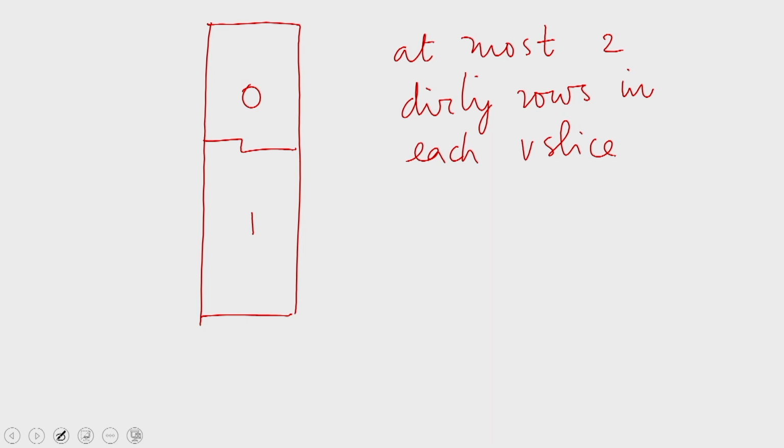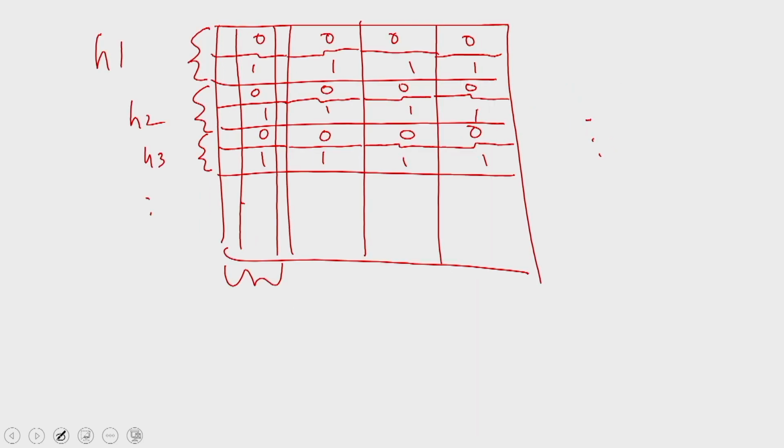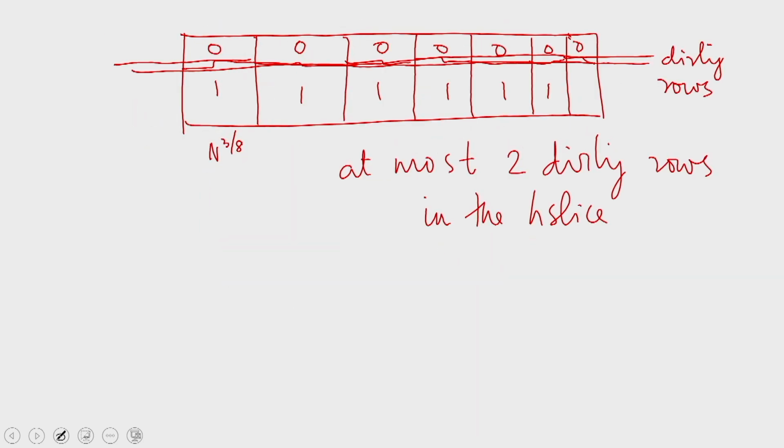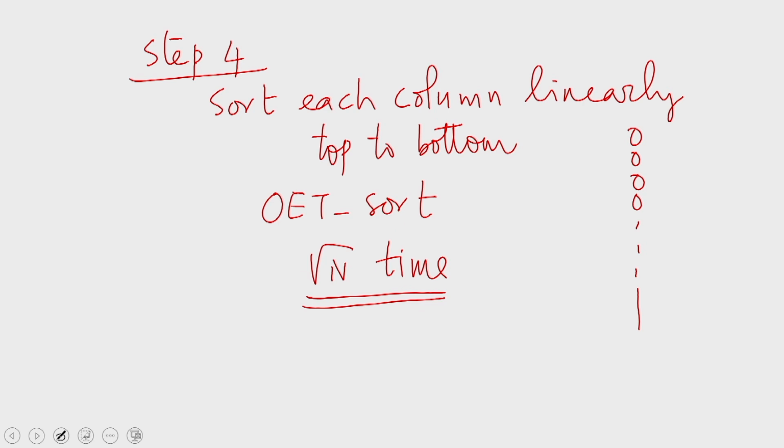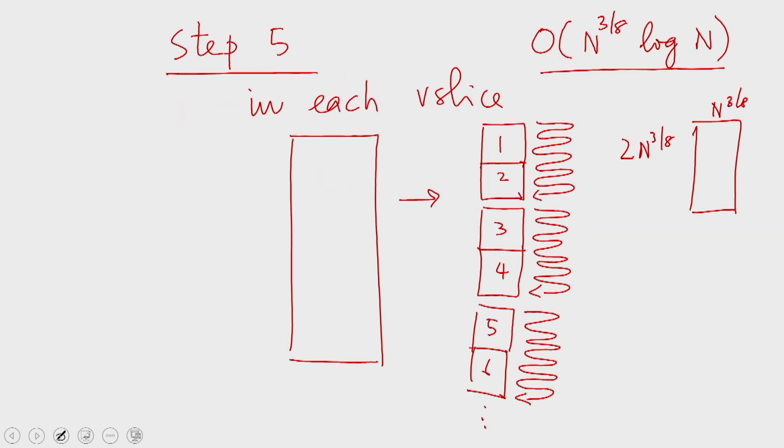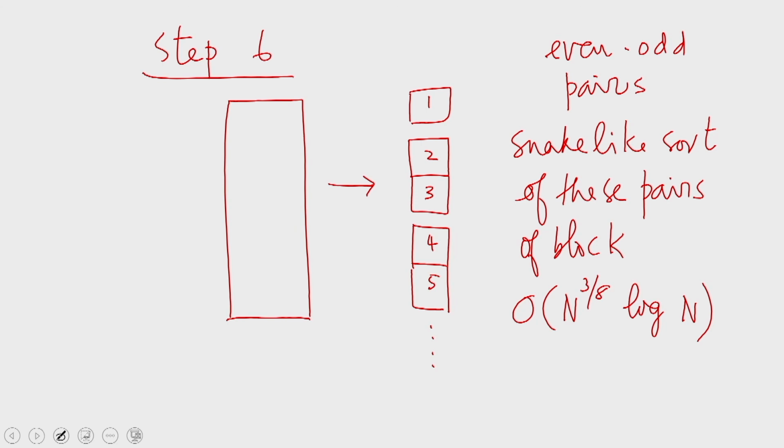For example, in step 3, we sorted the blocks. Therefore, the data does not spill out of the blocks. In step 4, we sort the columns. The data moves only vertically, not horizontally. And in step 5, again data moves only vertically, not horizontally. In step 6, again data moves only vertically, not horizontally.